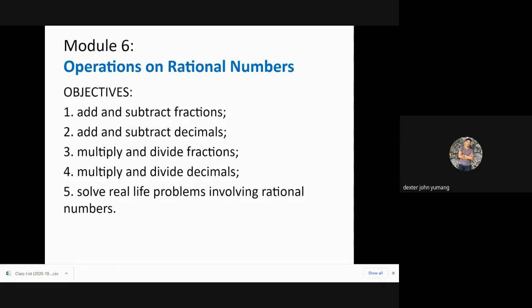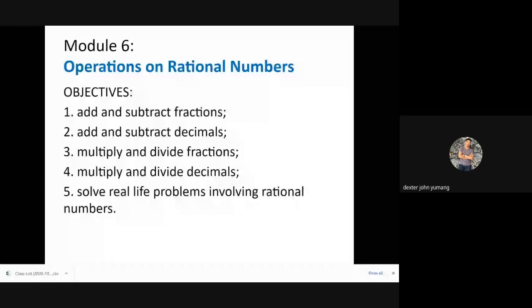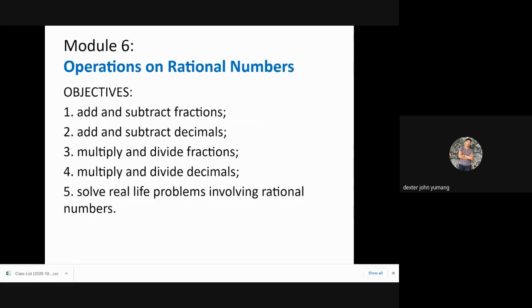Now, what about decimals? Can you give an example of a decimal? A number that has a decimal. Keith, that is correct.